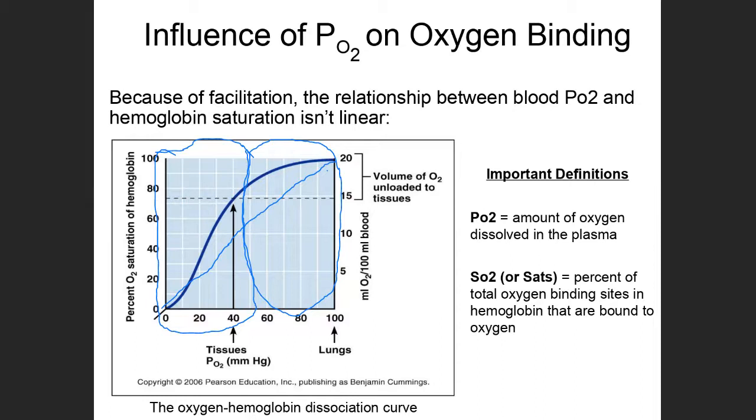But that makes sense, because if we've got low levels of oxygen in the plasma, that means we don't have enough oxygen to give up to the tissues of the body. That means it makes no sense for our red blood cells, for our hemoglobin, to be holding on to that oxygen and being stingy with it. Instead, at that point we need the hemoglobin to start flushing lots and lots of oxygen into the plasma so that oxygen can be given up to the tissues of the body.